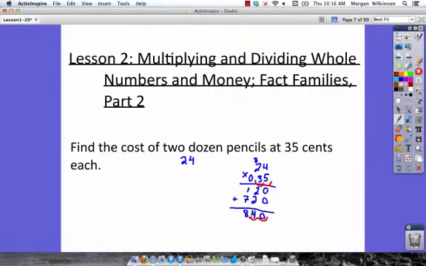We take it out, we bring it back. So we've got $8.40 because we have to move the decimal the same amount of times back in our answer as we moved it out of the numbers we're working with. So we've got an answer of $8.40. That seems a little bit more reasonable to pay $8.40 for 24 pencils rather than $840. Make sure you've got this copied down in your notes.